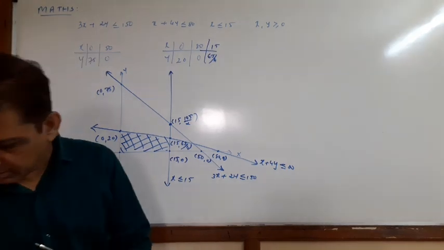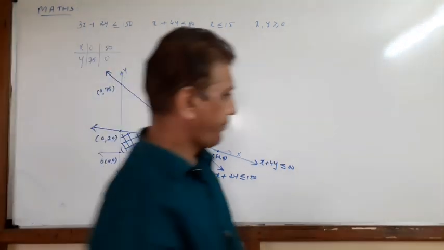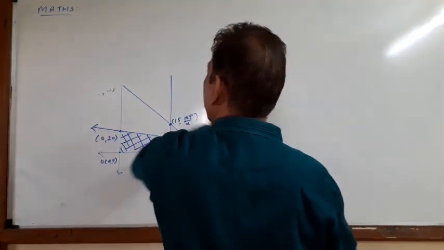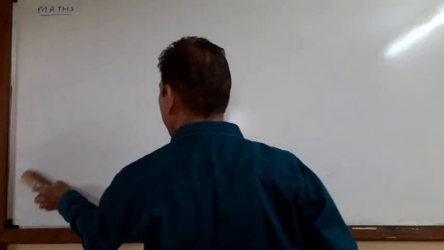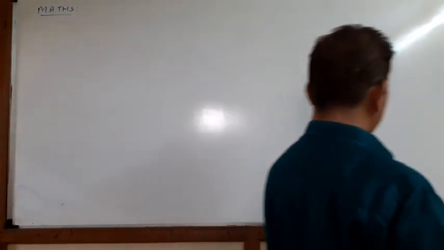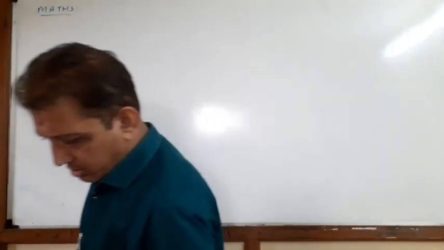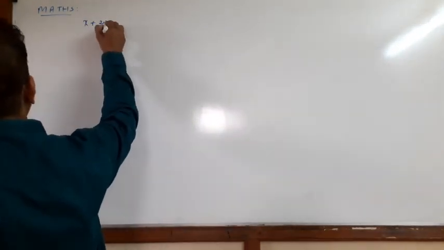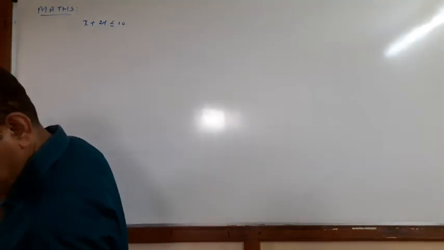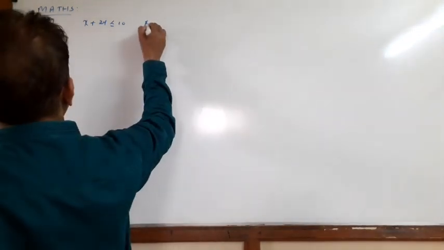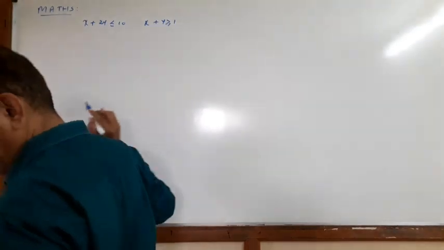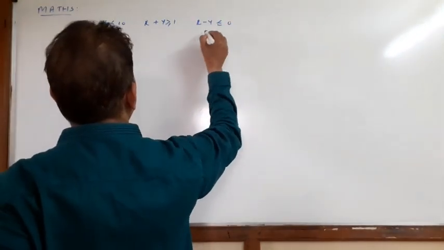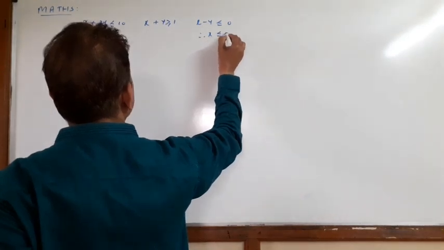Clear? Okay, now we discuss the 15th sum. x plus 2y less than or equal to 10. x plus y greater than or equal to 1. x minus y less than or equal to 0, therefore x is less than or equal to y.